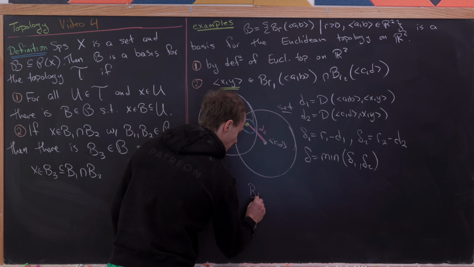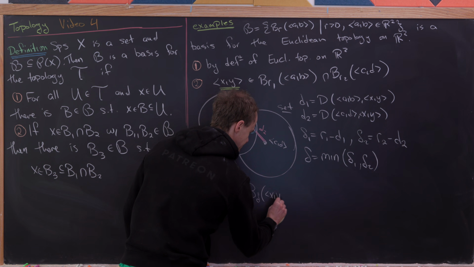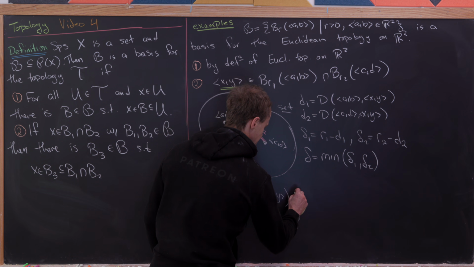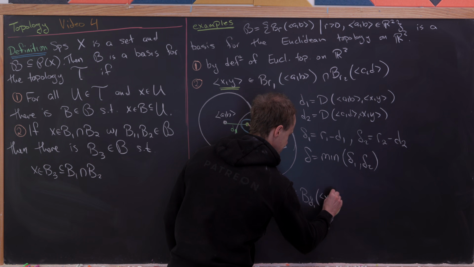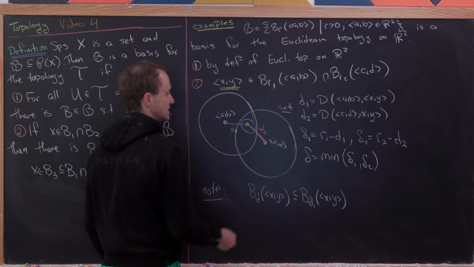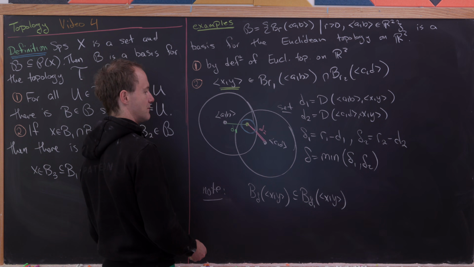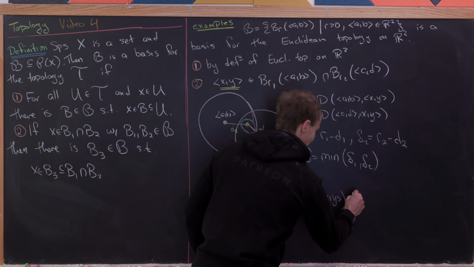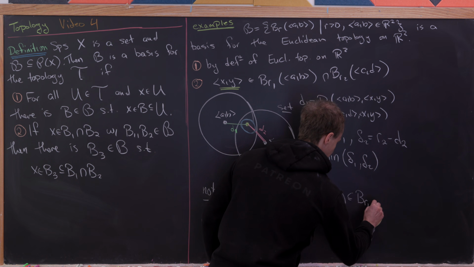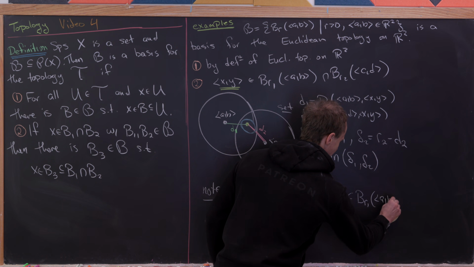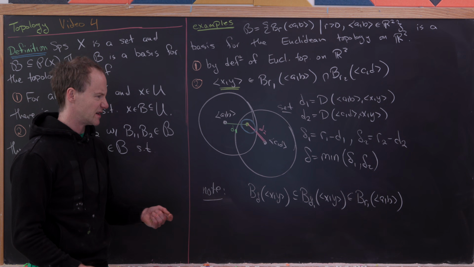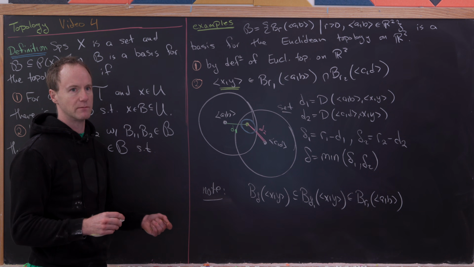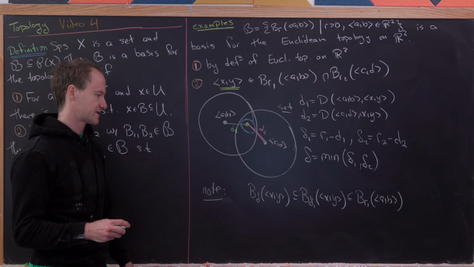So we know that the ball of radius delta centered at xy is going to be inside the ball of radius delta 1 centered at xy, and that's because delta is going to be less than or equal to delta 1 by this condition. But that's inside of the ball of radius R1 centered at AB by our construction, and that's exactly how we showed that open balls were open sets.